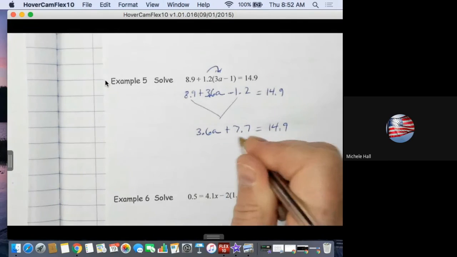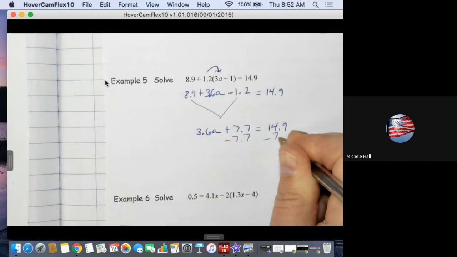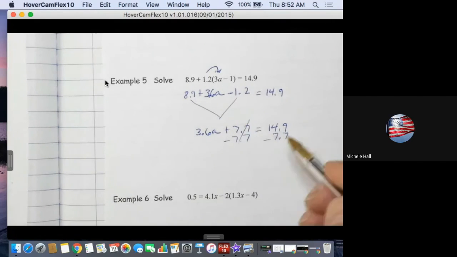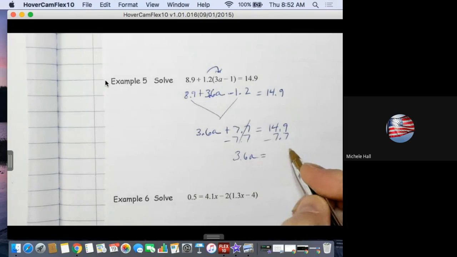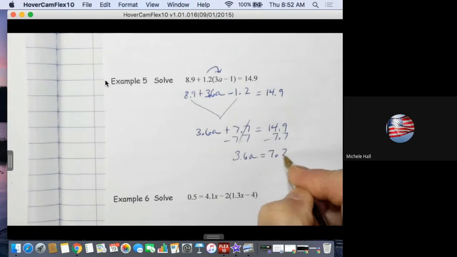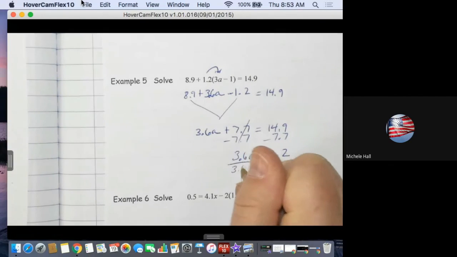The additive inverse would be negative 7.7. Lining up my decimals, we get 3.6a equals 7.2. The multiplicative inverse of multiplying by 3.6 would be to divide by 3.6.